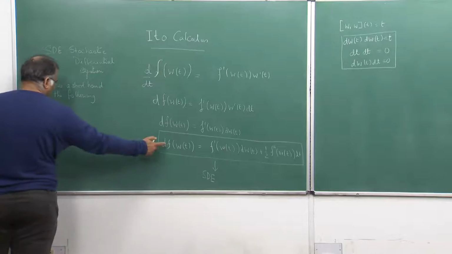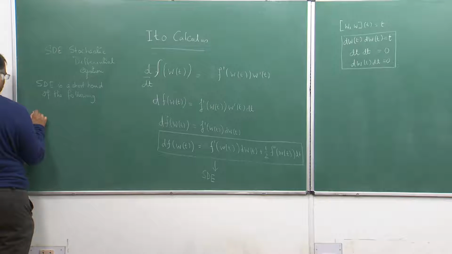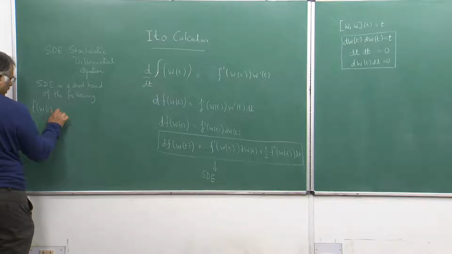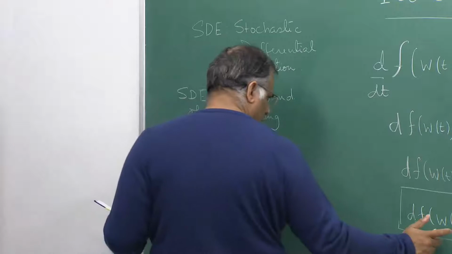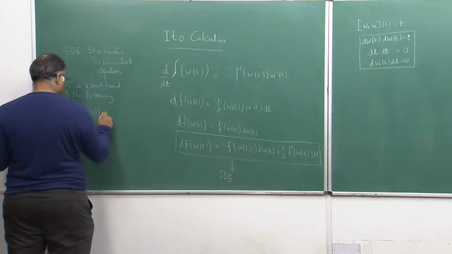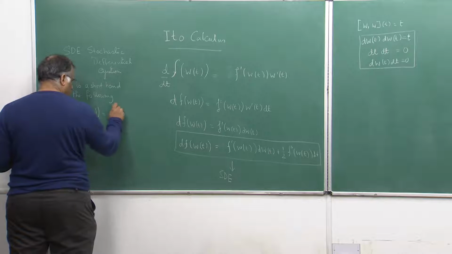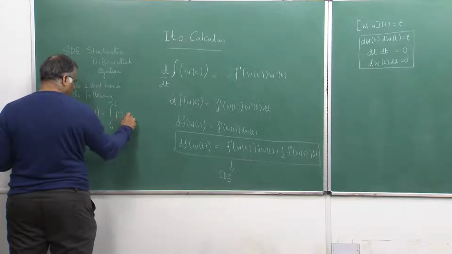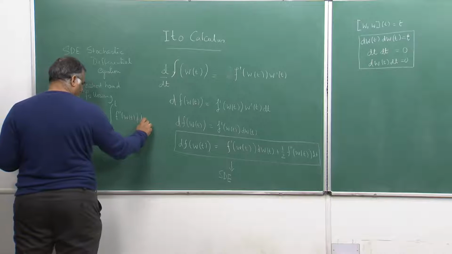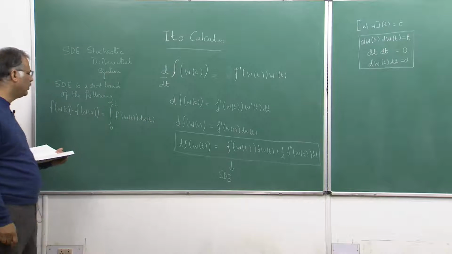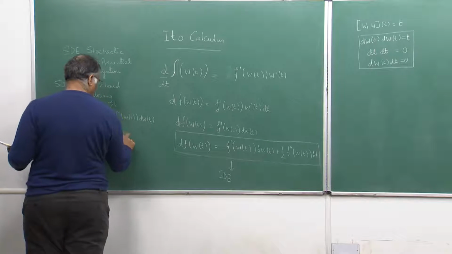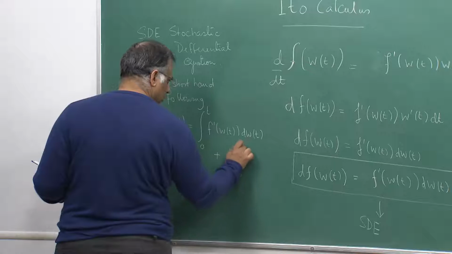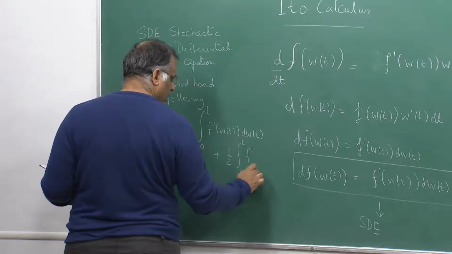So this SDE is a shorthand of f(Wt) minus f(W0), which is essentially giving you that this is equal to integral 0 to t of f dash (Wt) dWt, which is an Ito integral for which we have clearly shown how to think about it, plus this additional normal integral. So this becomes an Ito's expansion, Ito's calculus.